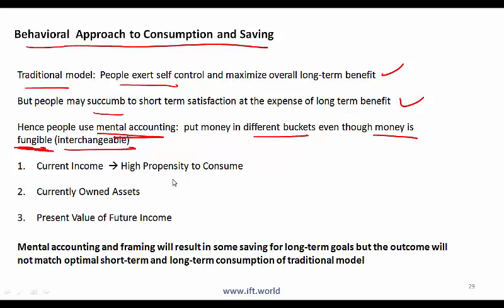That means that you can easily bring money from the future into the present. How? By borrowing. And you can put today's money into the future by saving. So money is interchangeable, but people create this mental accounting, so they segregate money.